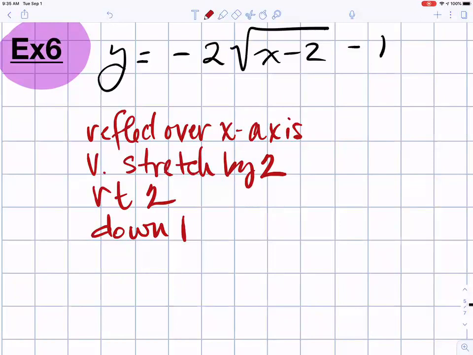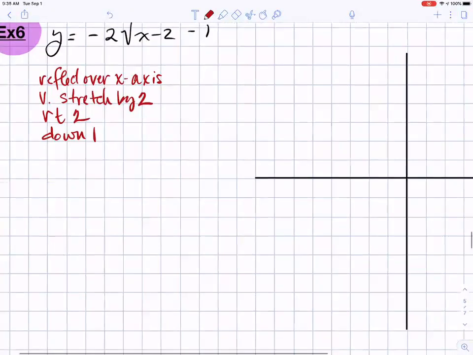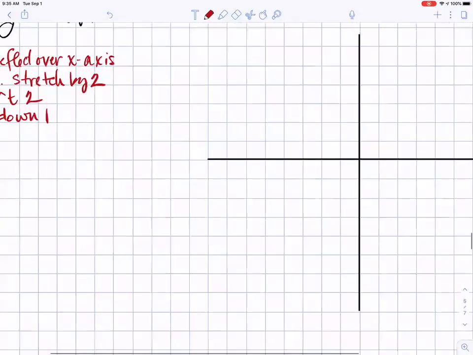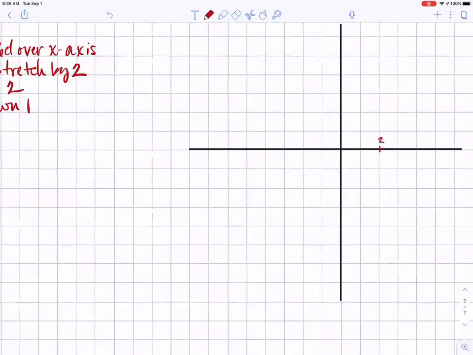Where did the swoop begin on the parent graph? Yeah, at 0, 0. So we're going to take the coordinate 0, 0, move it to the right 2, and move it down 1. So here's where our new swoop is going to begin. It's the new origin. Okay?